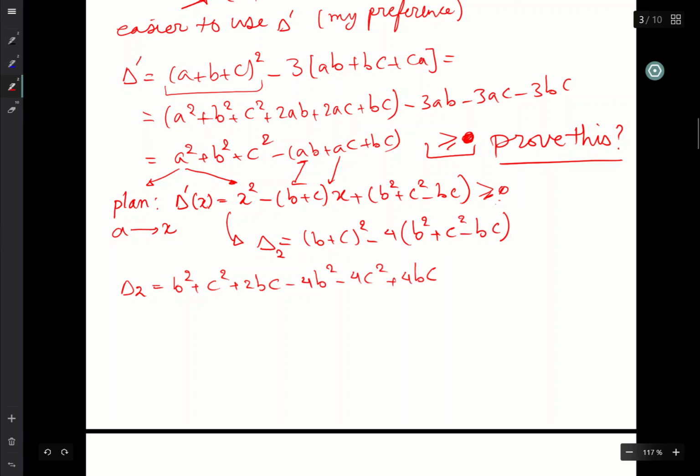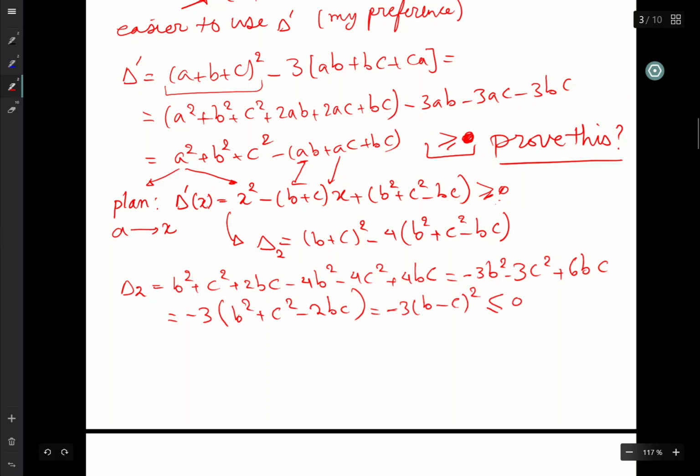And this is basically minus 3b squared minus 3c squared plus 6bc. If I factor out minus 3, then b squared plus c squared minus 2bc. And this is minus 3(b minus c) squared, and this is guaranteed to be less than or equal to 0.